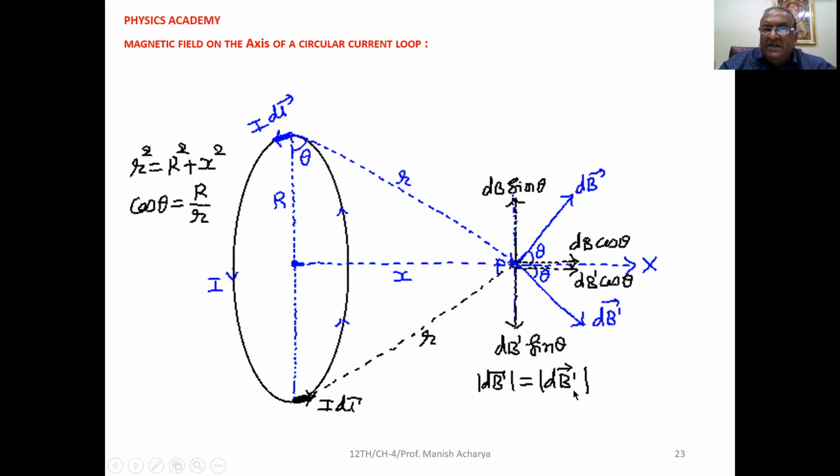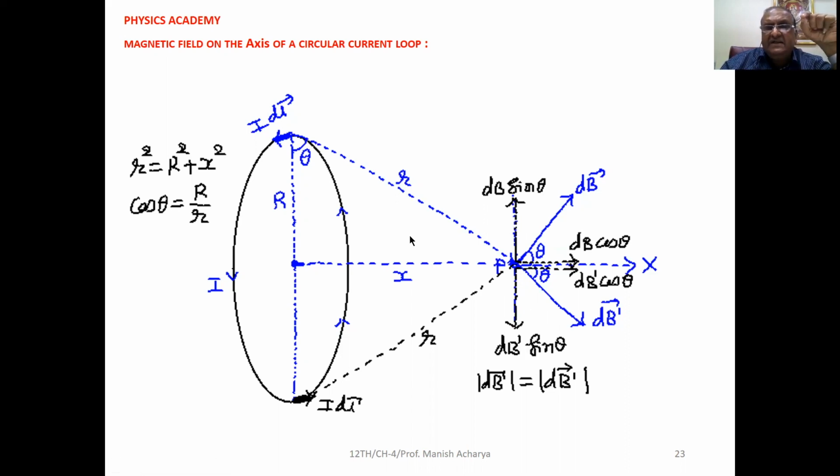Magnitude wise dB and dB dash are the same. So dB sin theta and dB dash sin theta are magnitude wise the same but mutually opposite. So this component will be cancelled.